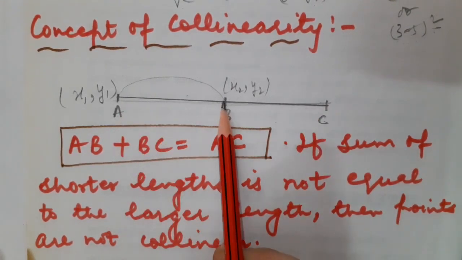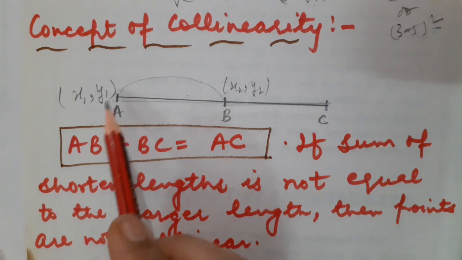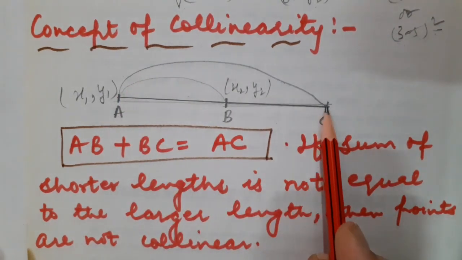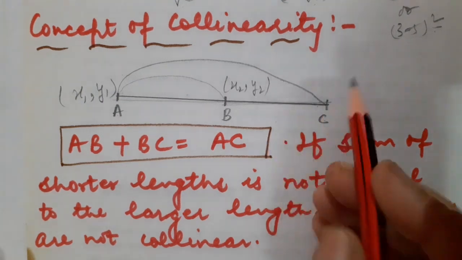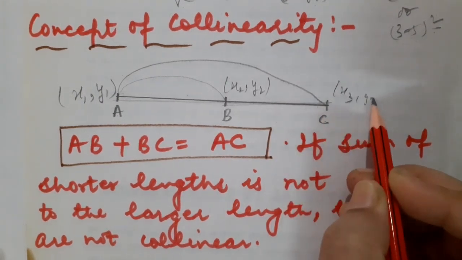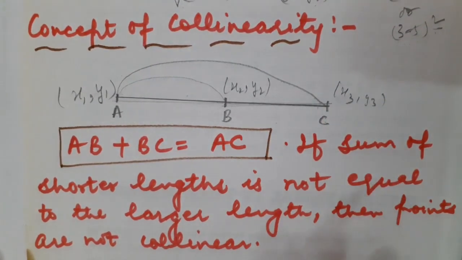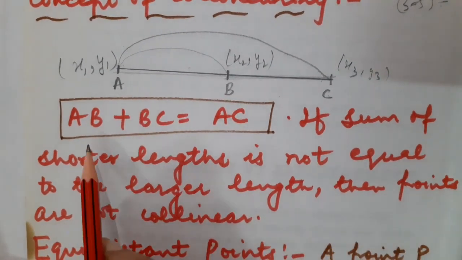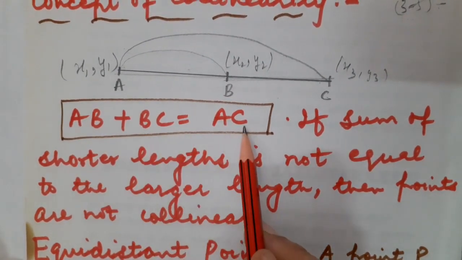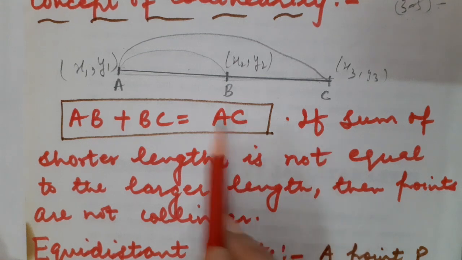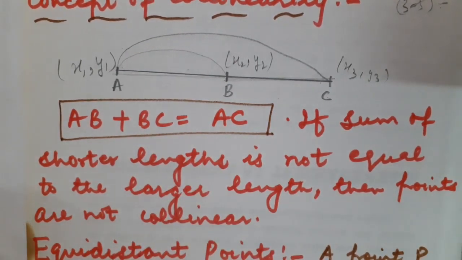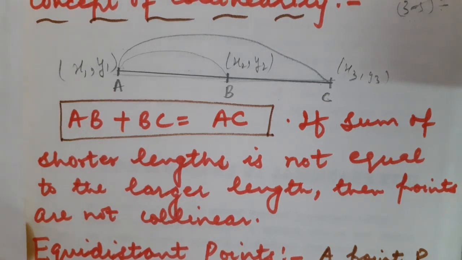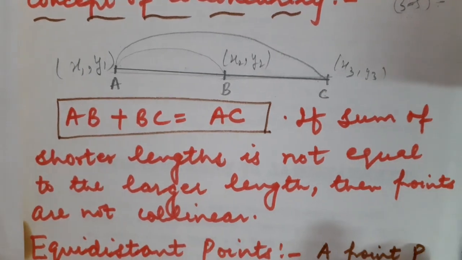So if AB distance plus BC distance is equal to the total AC distance, I have to calculate now the distance between A as well as C. Here you could take x3 and y3 also. Fine, that depends on you. Now, if AB plus BC is equal to the complete distance, that is AC, then definitely the condition of collinearity will be satisfied, and we can say that the given 3 points, that is A, B and C, lie on the same line.